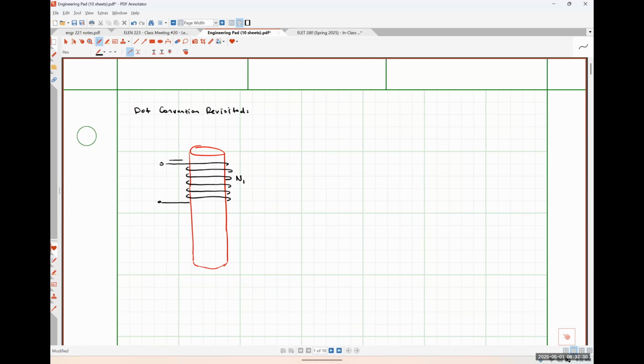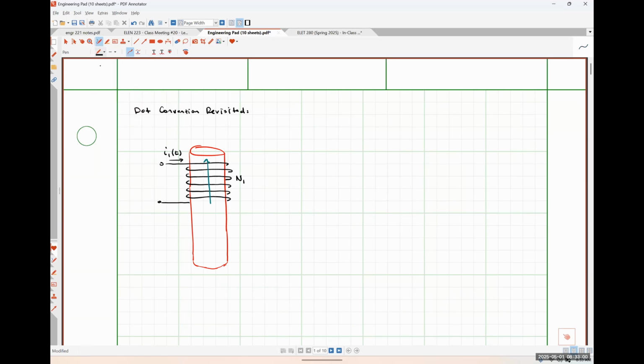And here's my current I1, like so. And based on the direction of the winding of this coil and the current that's flowing through it, I know that the flux that's generated by this coil is going to be in the up direction, right? That's just from the right-hand rule.